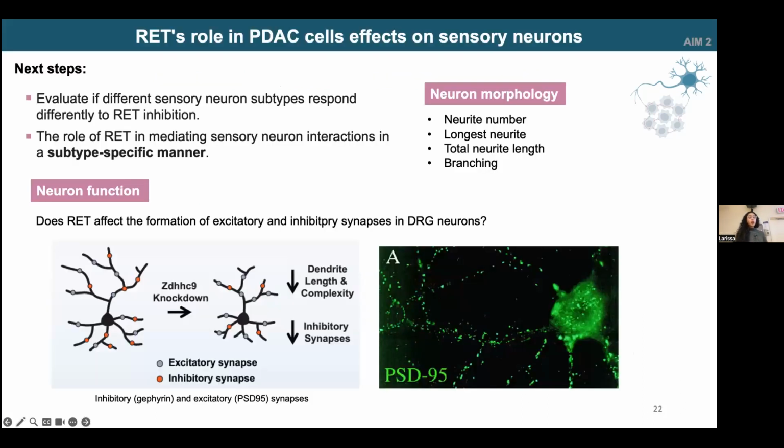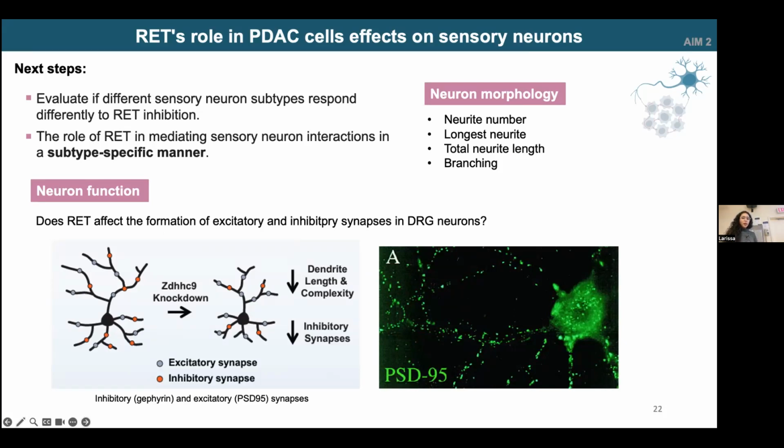Also, to explore whether various populations of sensory neurons respond to RAD activation, we intend to use DRG neurons from tdTomato transgenic mice, for example, to identify a specific subset of sensory neurons and how they respond to RAD activation.